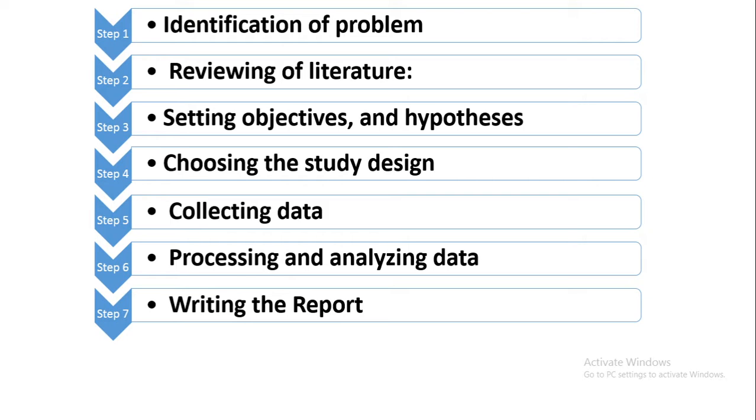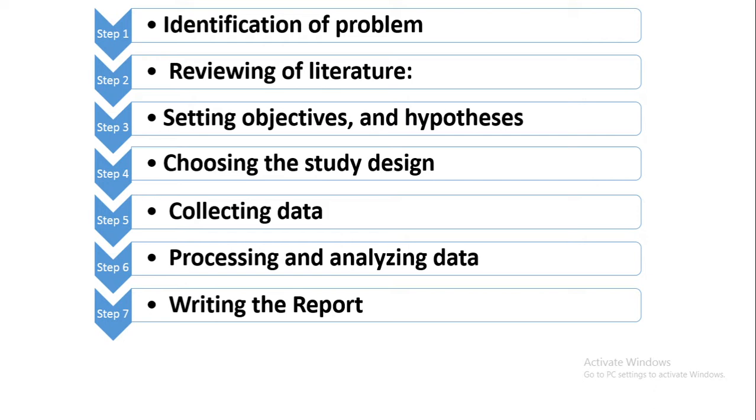This is about studying the already existing works related to the subject or the topic you are going to select. And the third step is setting objectives and making hypothesis. And the fourth step is choosing the study design, what design you need to conduct your study.